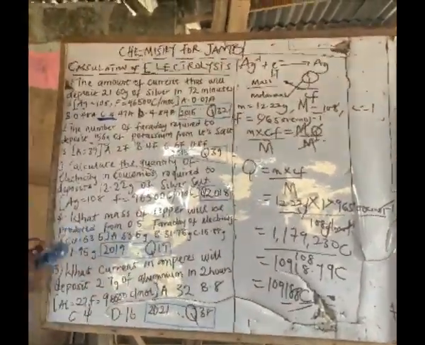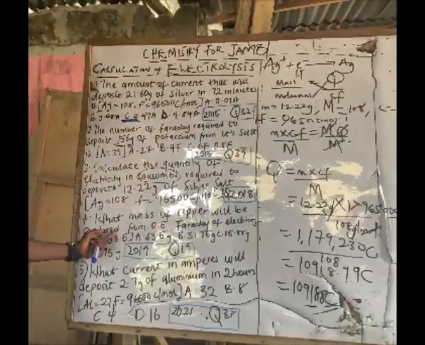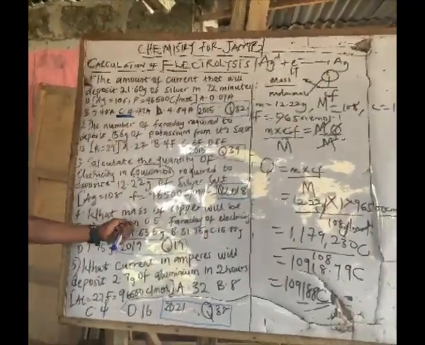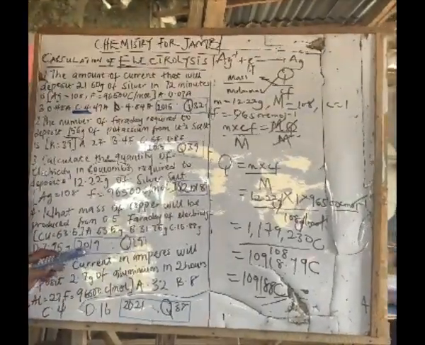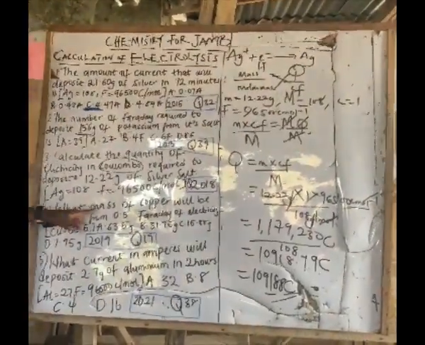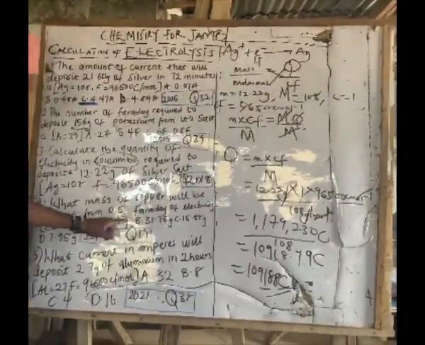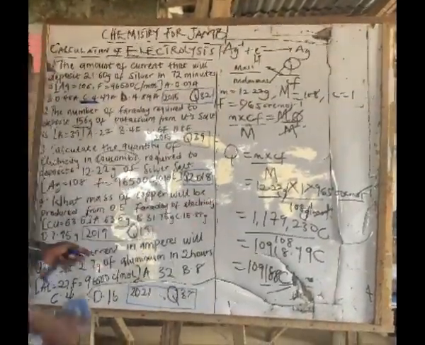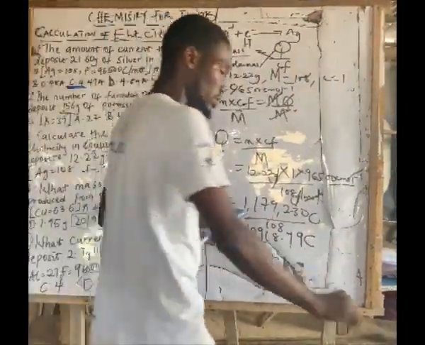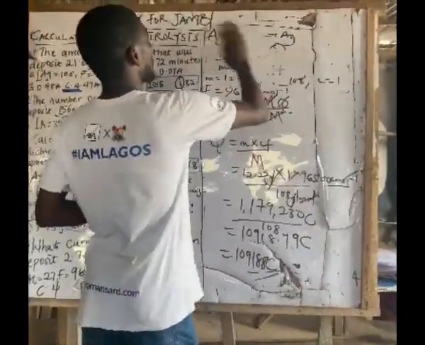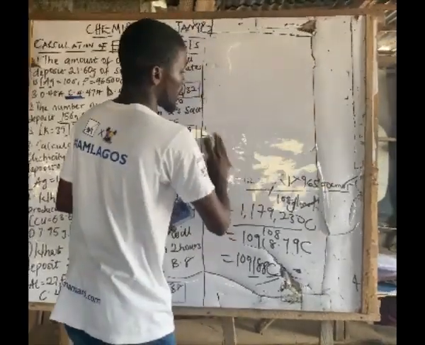The next one is: what mass of copper will be produced from 0.5 Faraday of electricity? Looking at this kind of question, the first thing we are going to do is draw the equation of copper.